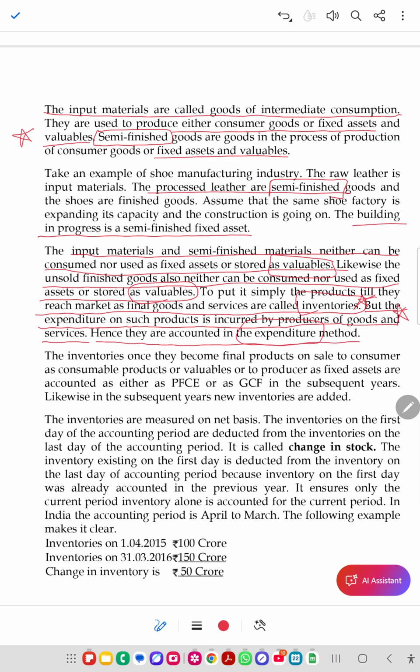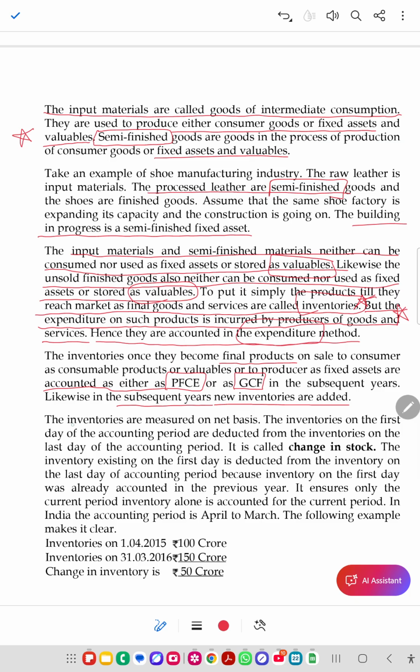The inventories, once they become final product on the sale to consumers as consumable products or valuables, or to the producers as fixed asset, are accounted as either PFCE or as GCF, gross capital formation, in the subsequent years. Likewise, in the subsequent years, new inventories are added.